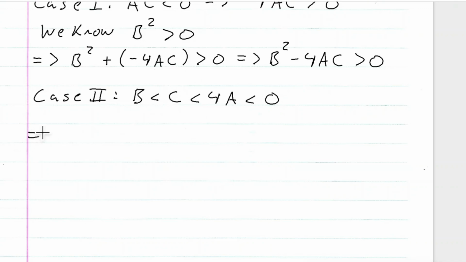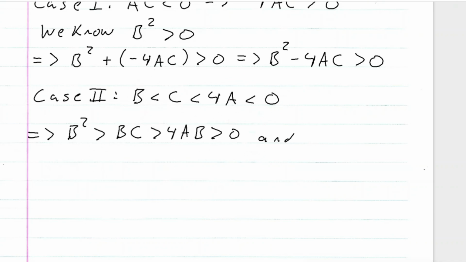And the first thing is, since all of these are negative, if I multiply b by everything, that'll make everything positive, and it'll essentially just flip these inequalities, right? So I'll get b² will be bigger than bc, which will be bigger than 4ab, which is bigger than 0, right? Now, if I multiply everything by c, a similar thing will happen.